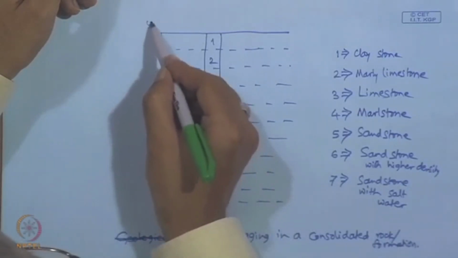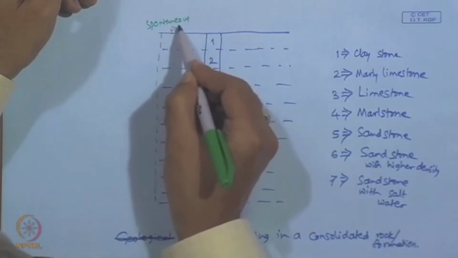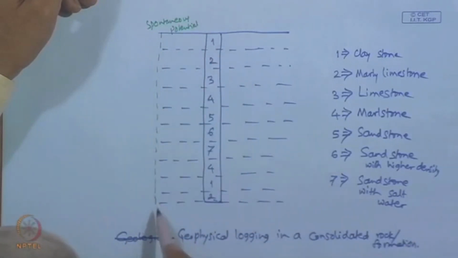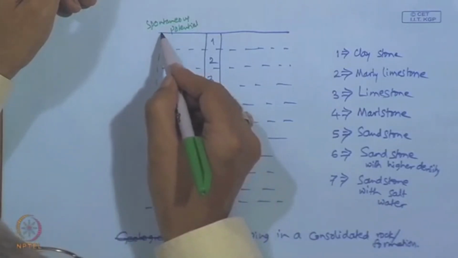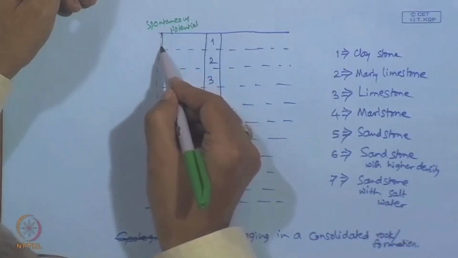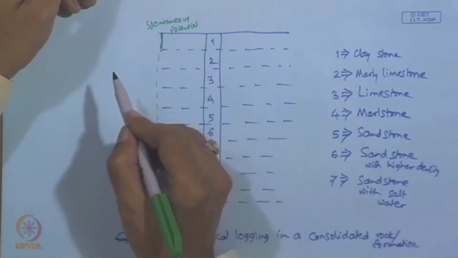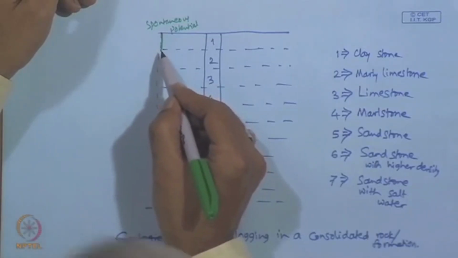So, this is the spontaneous potential, and here it is positive on the right side and negative on the left side. In this consolidated rock, the clay will have a very small positive spontaneous potential or almost 0.